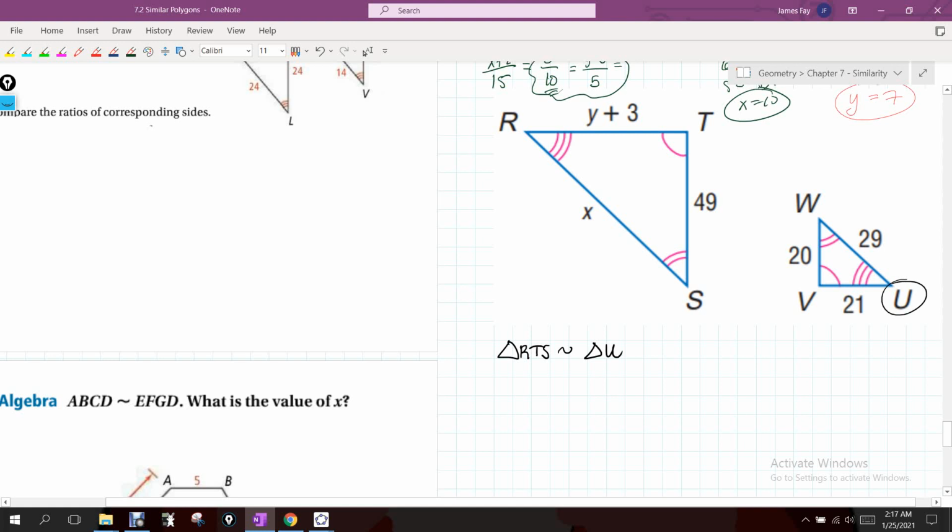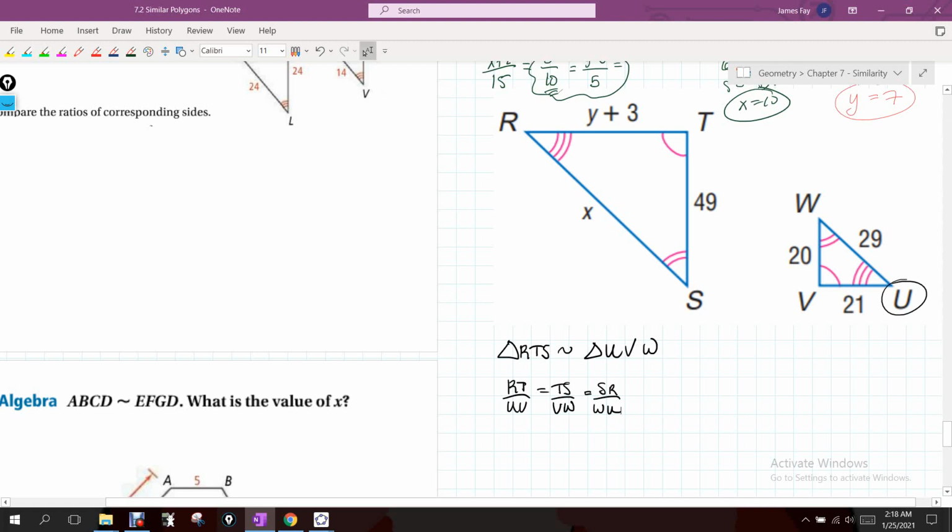T had 1 mark in it, so I go to V and then W. And now that automatically puts things in the right spots for me. When I go RT to UV, TS compares to VW, and SR is going to compare to WU.